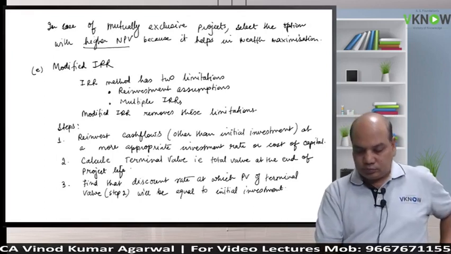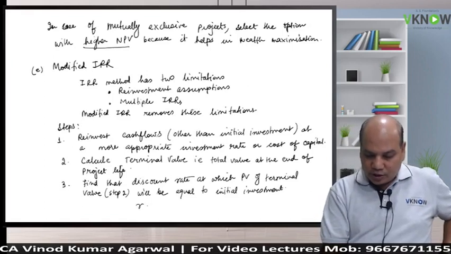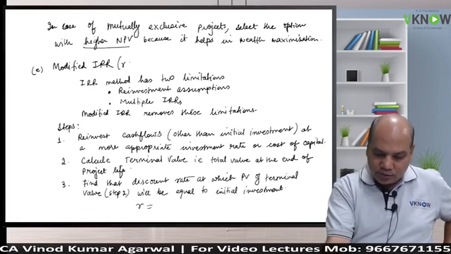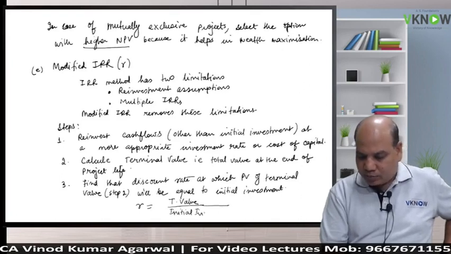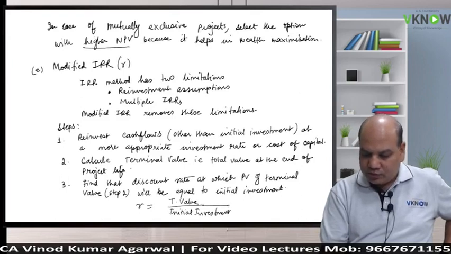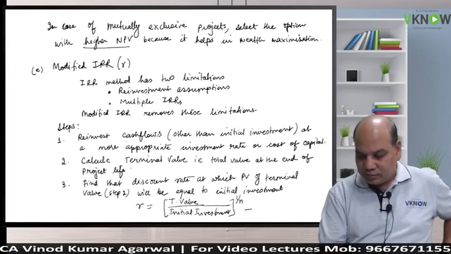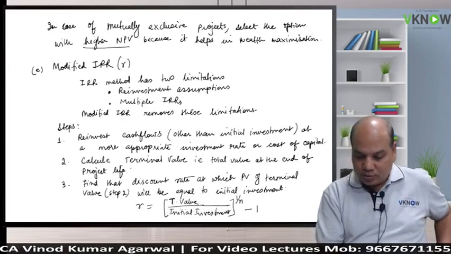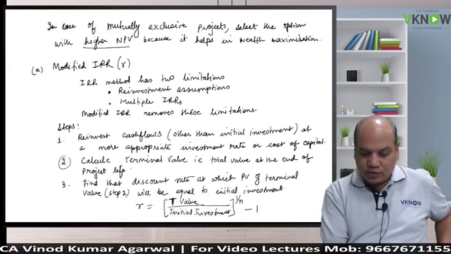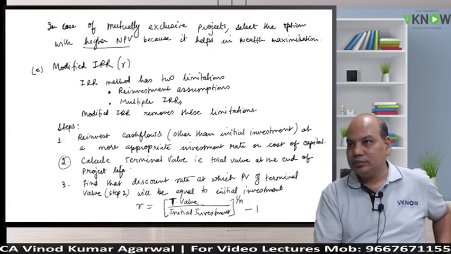So how do you compute it? R is equal to, let us call it R, terminal value divided by initial investment, to the power 1 by n, minus 1. N means the number of years. Terminal value means the last year's total value you will get. So this is how you will compute modified IRR.